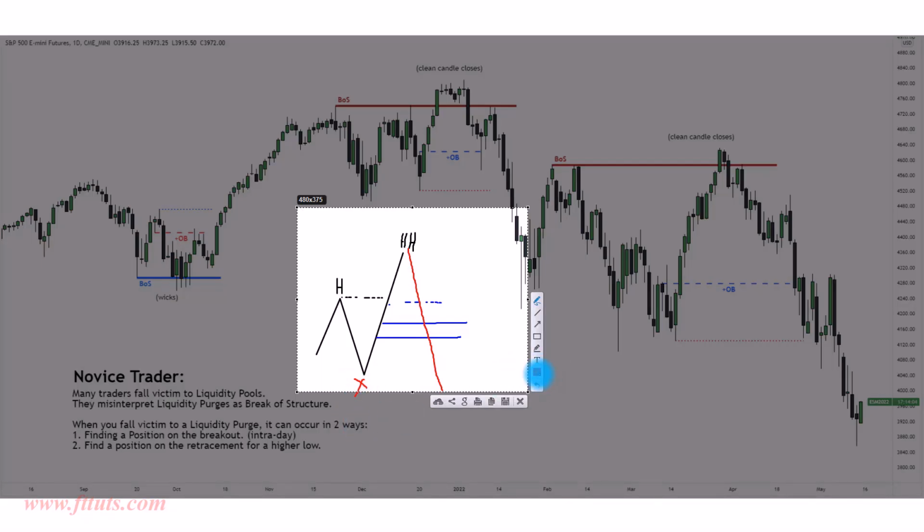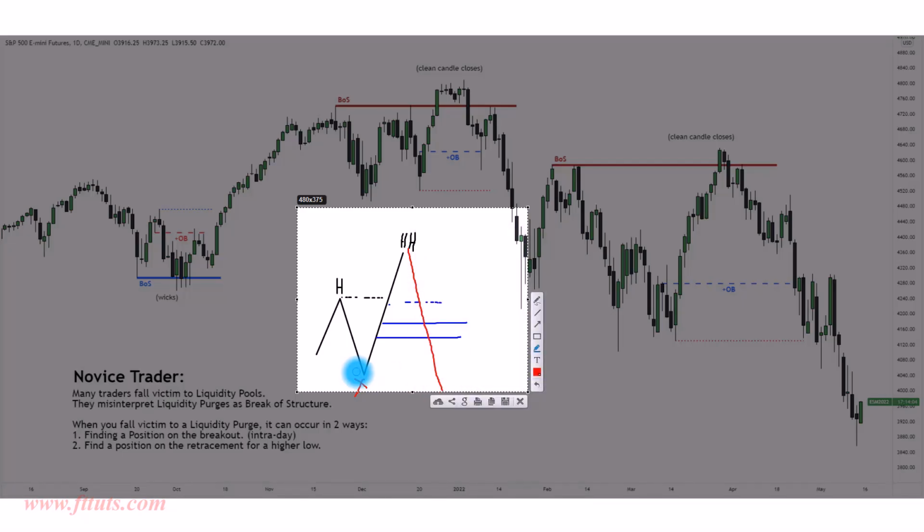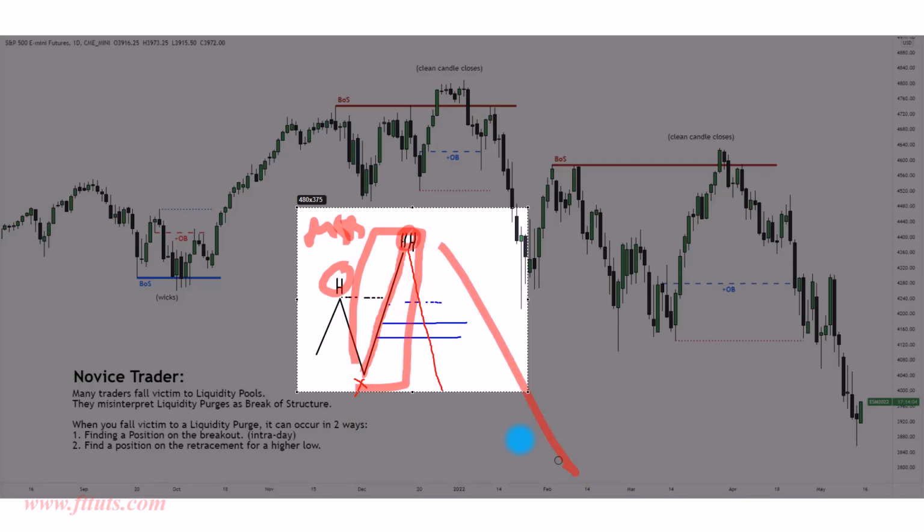Which makes this move right here the purge, and they fall victim to it. They fall victim to this very impulsive move because they thought it was a high and an MSB, but in reality it's just a purge, and the market will reverse in the other direction.